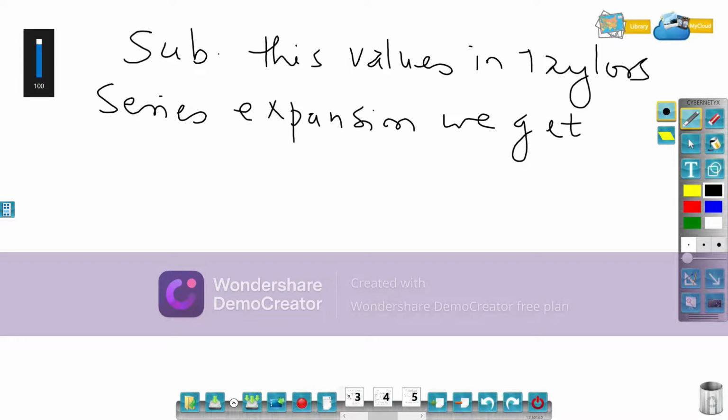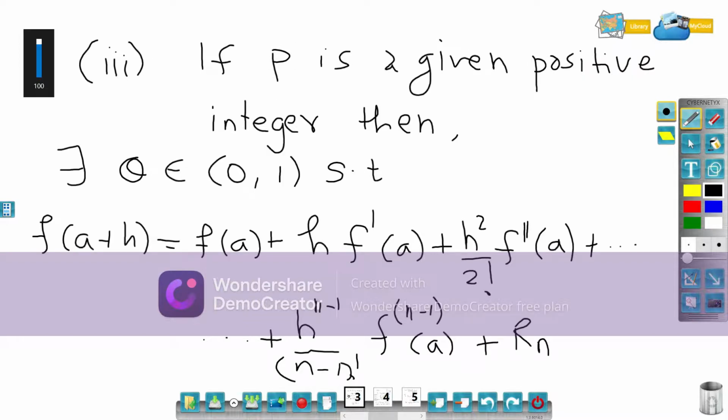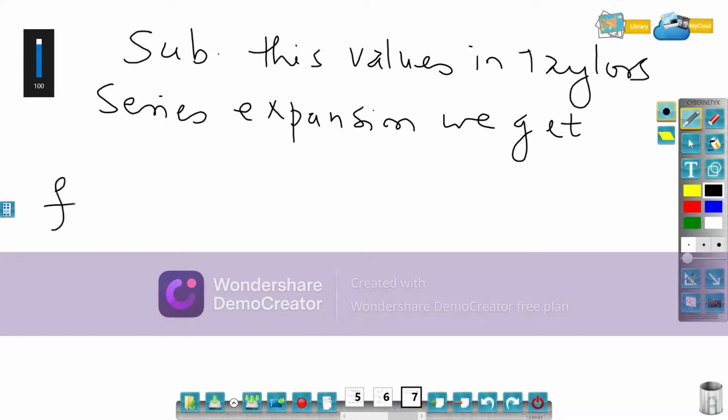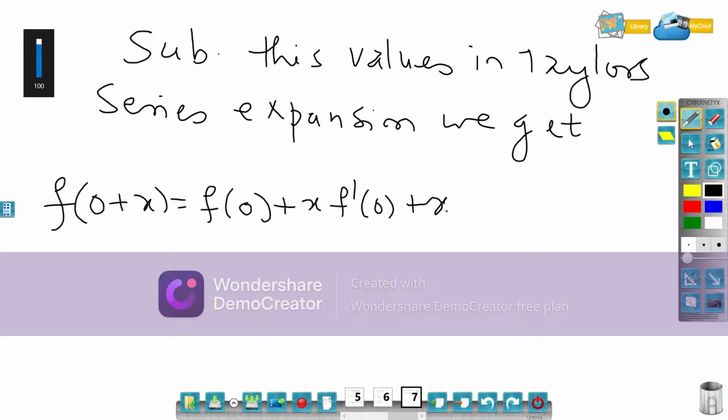So we go to f of a, that means f of 0, and instead of h I will say x now. So f(x) is equal to f(0) plus x f'(0) plus x squared upon 2 factorial f''(0) plus dot dot dot.